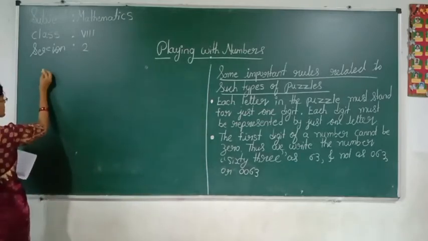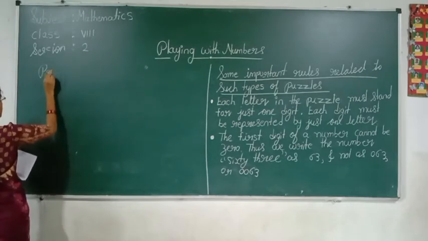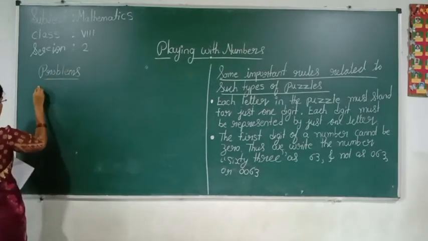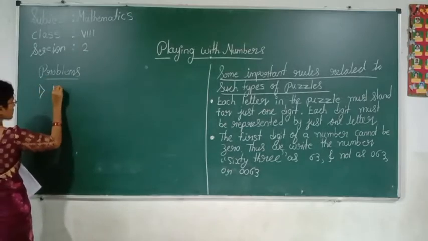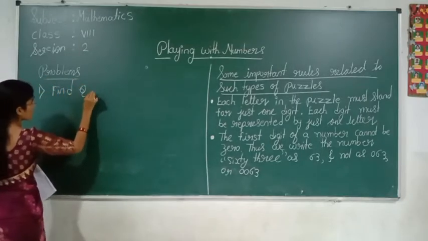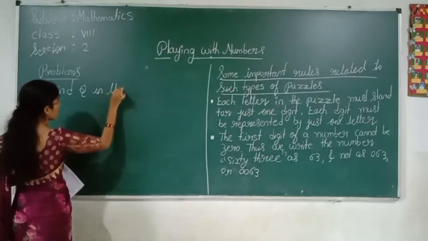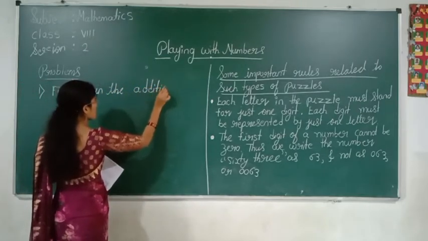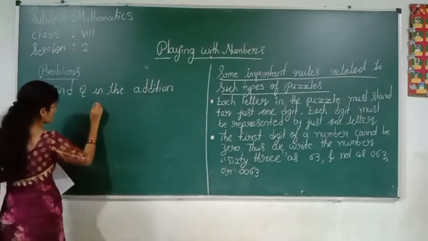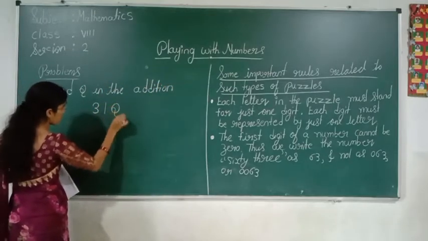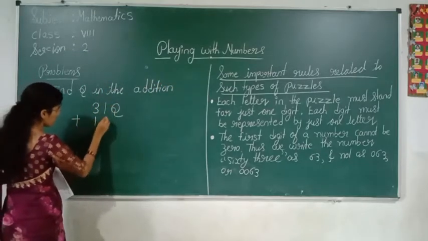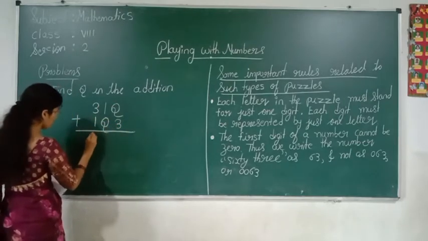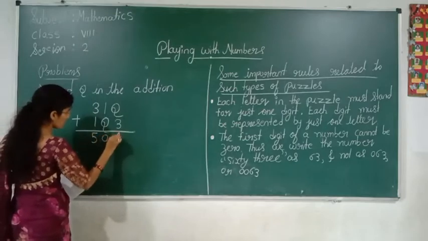The first problem: find q in the addition. 3 1 q plus 1 q 3 equals 5 0 1.